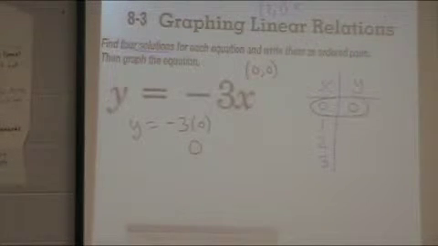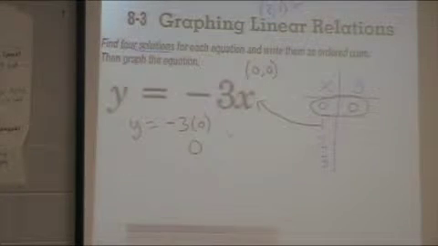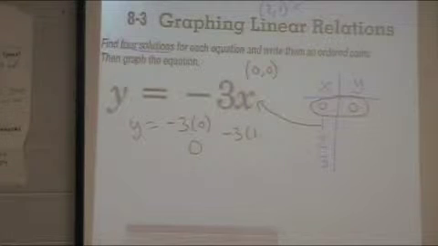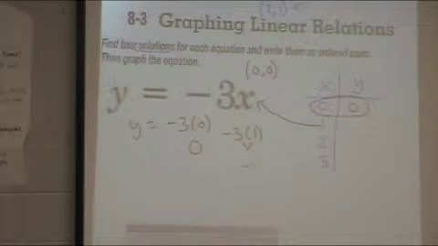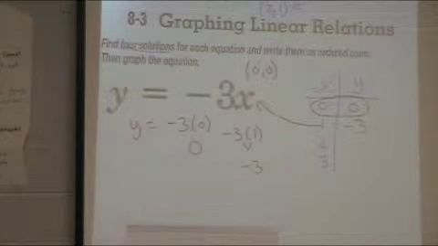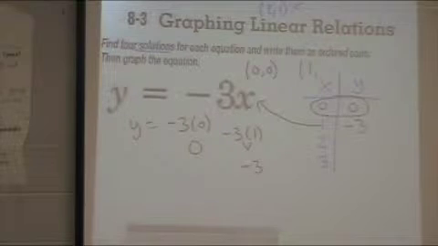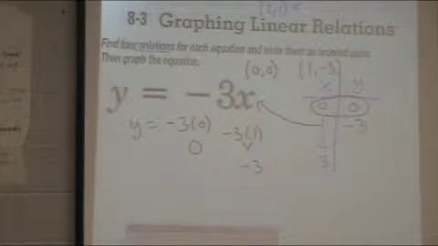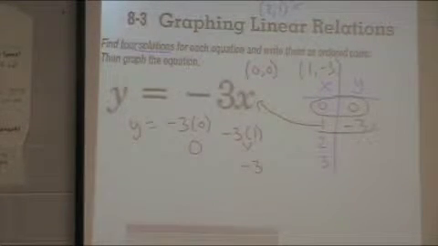Now we're going to plug in our 1 right here for x and get negative 3 times 1 equals, what's negative 3 times 1? Negative 3. So our second solution to the equation is (1, -3).